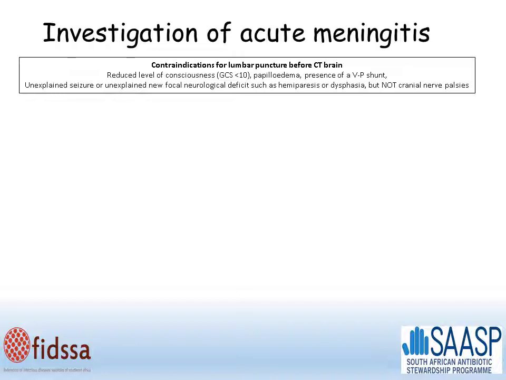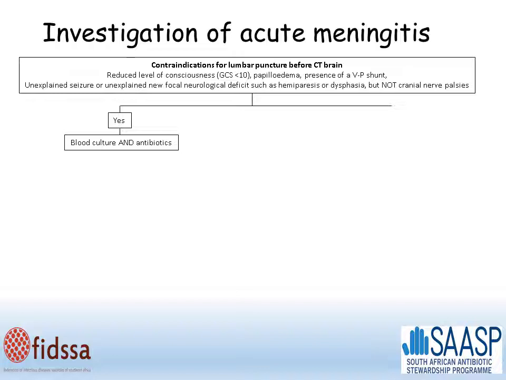The level of evidence guiding this advice is limited, and it's largely based on expert opinion and experience, but in general, a lumbar puncture is contraindicated prior to a CT brain if the Glasgow Coma Scale is less than 10, or there is papilledema or the presence of a VP shunt, if there's an unexplained seizure, or unexplained new focal neurological deficit such as hemiparesis or dysphasia. But note, having isolated cranial nerve palsies in itself is not a contraindication to lumbar puncture.